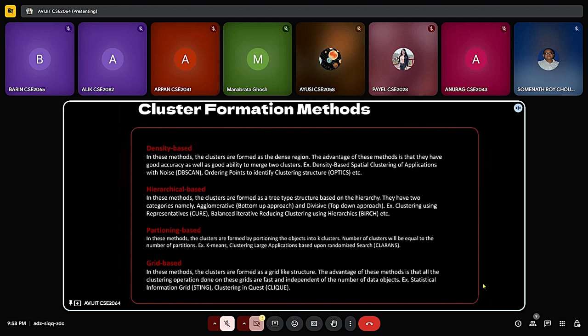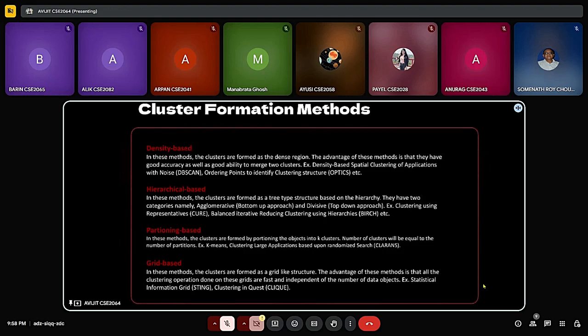Second is hierarchical based. In this method, clusters are formed as a tree-type structure based on the hierarchy. There are two categories, the agglomerative bottom-up approach and the divisive top-down approach. For example, BIRCH, balanced iterative reducing and clustering using hierarchies.